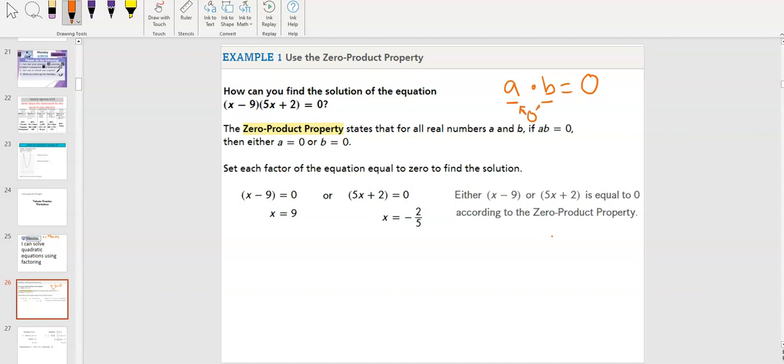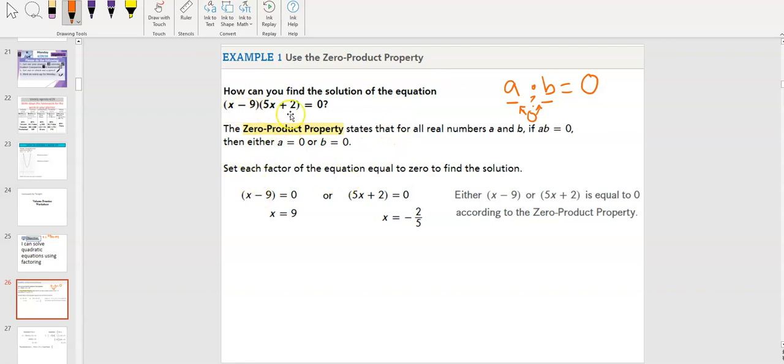It has to be one or the other. Knowing that, we can plug into a factored quadratic equation and solve to find those zero products.